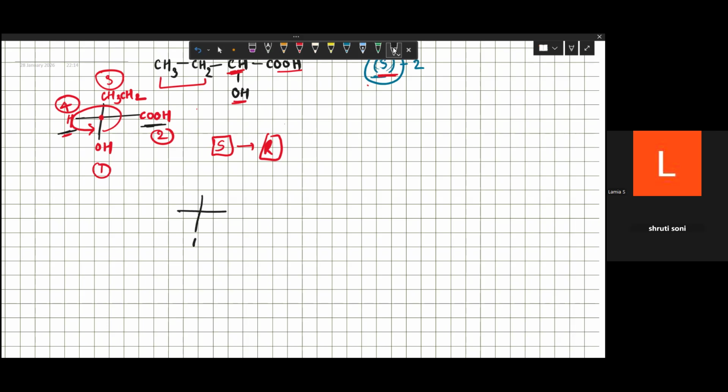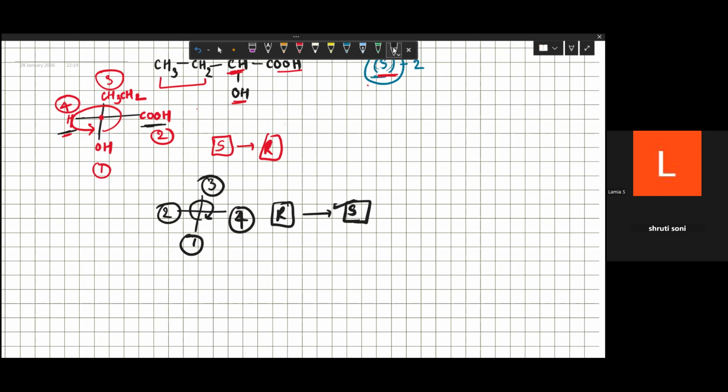Let's suppose this is first, then this is fourth, third, and let's suppose this is second. First, second, third, and fourth. This is clockwise. Clockwise means R, but as the fourth group is on the left and right, it will convert into S.